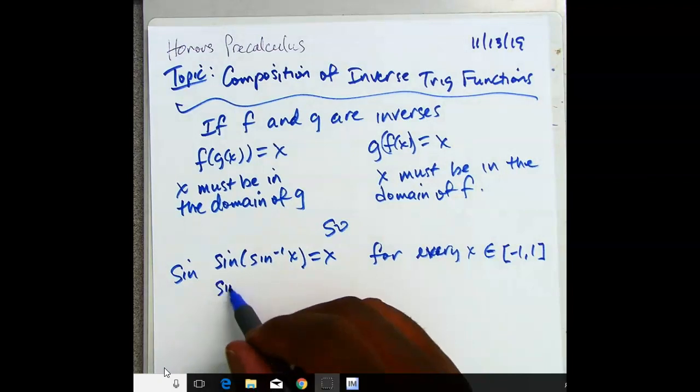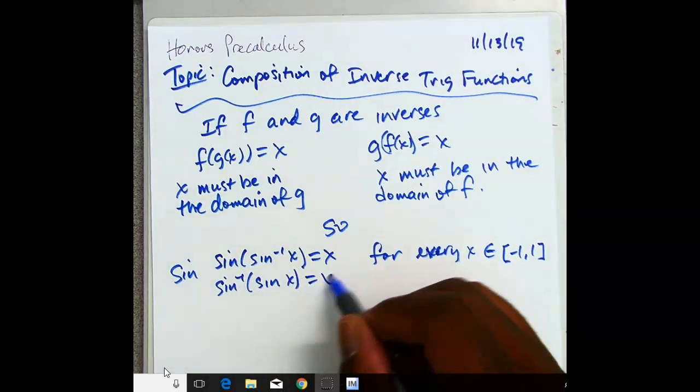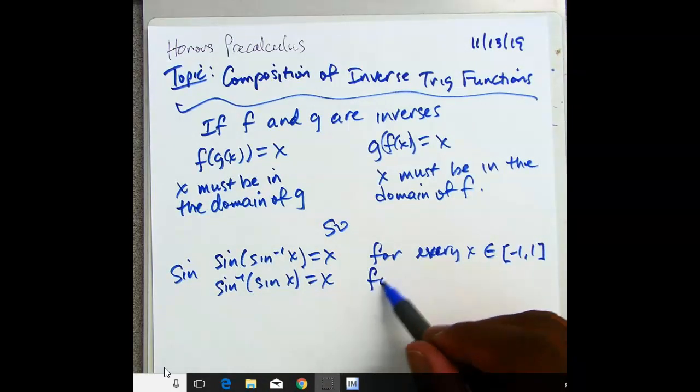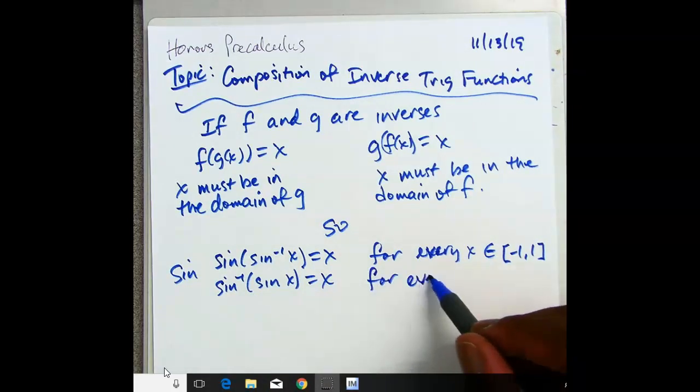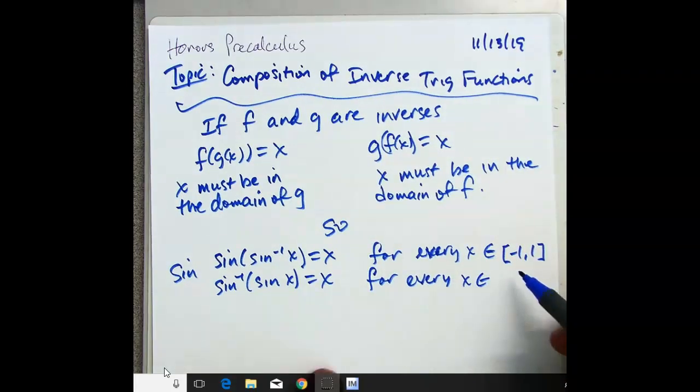And the inverse sine of the sine of x is equal to x only for every x that is an element of a restricted domain, -pi/2 to pi/2. Okay.